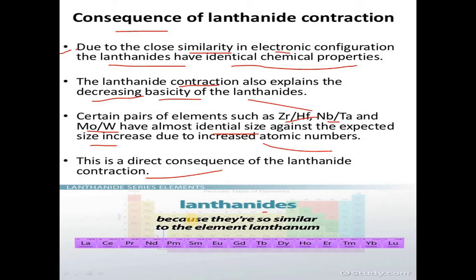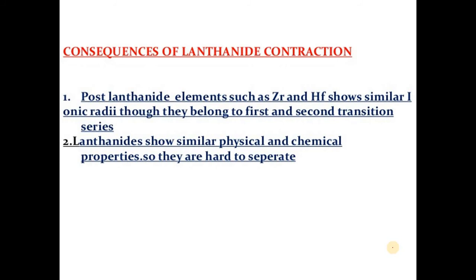We already know that lanthanides are so similar to the element lanthanum that this series starts from lanthanum, and the last one is lutetium. Then among the consequences, post lanthanide elements such as zirconium and hafnium show similar ionic radii, though they belong to the first and second transition series.